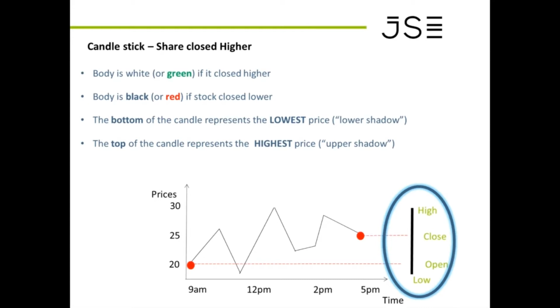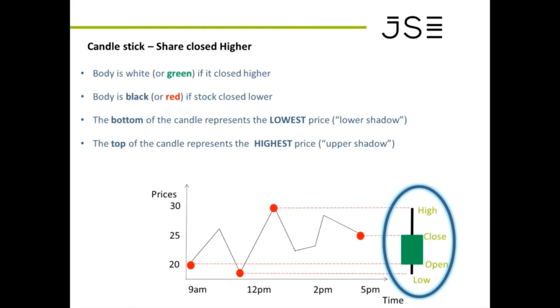Should it close lower from where it opened, it will show you a red body. The bottom of the candle represents the lowest price of the day, and the top of the candle represents the highest price of the day.